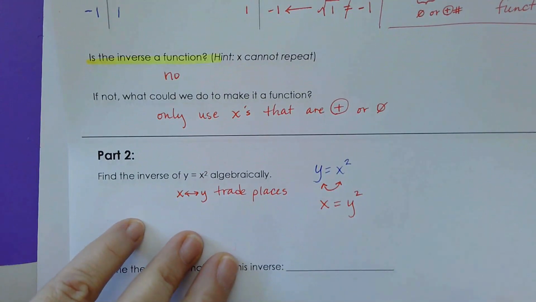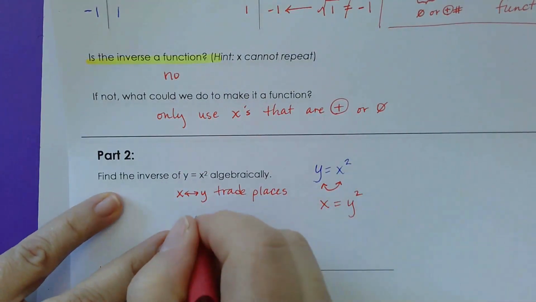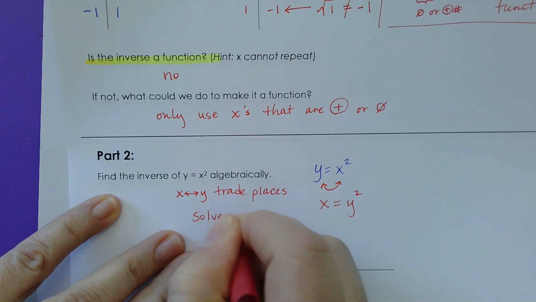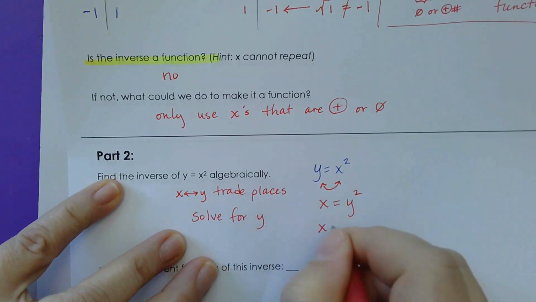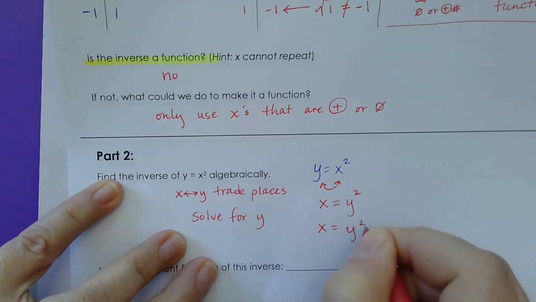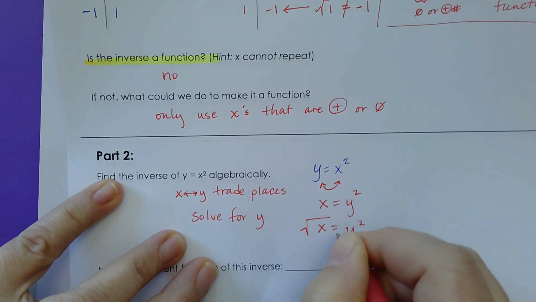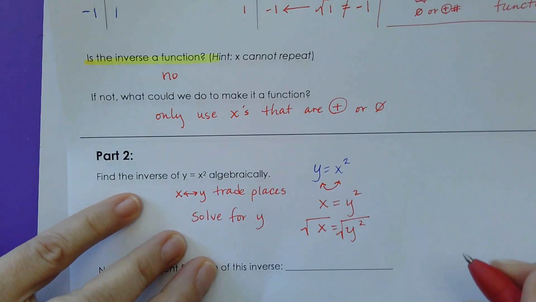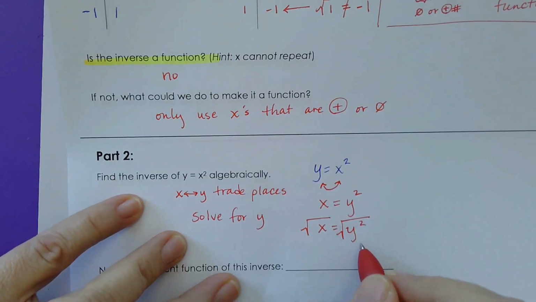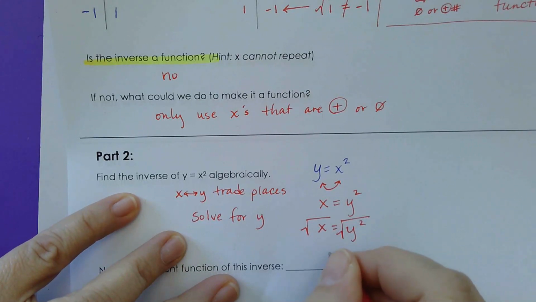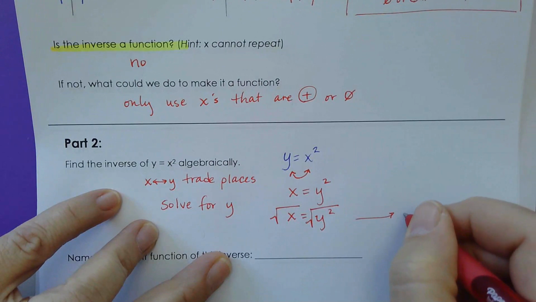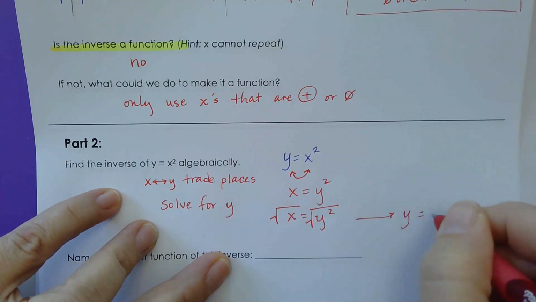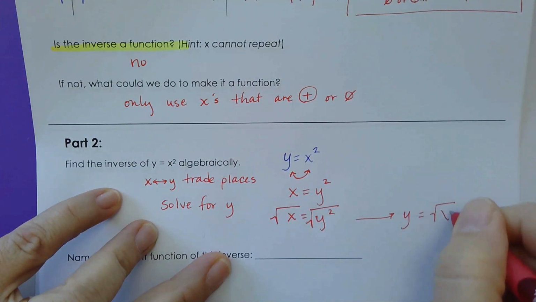And then if I solve for y, I would take the square root of both sides. And I would get y is equal to square root of x.